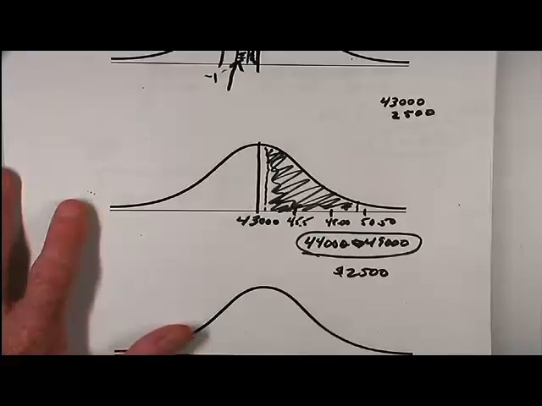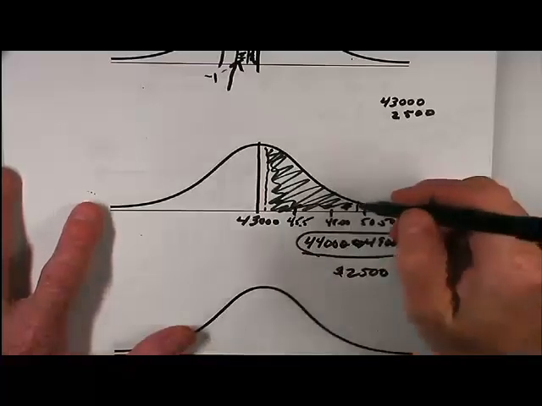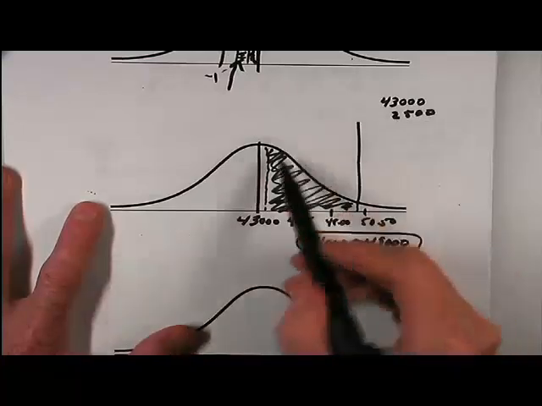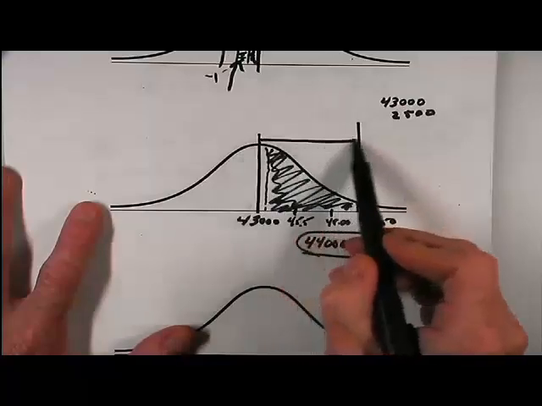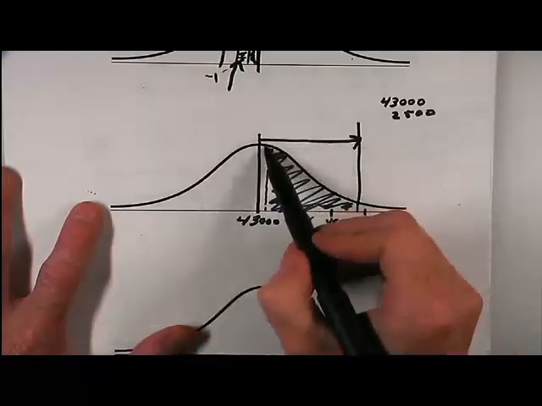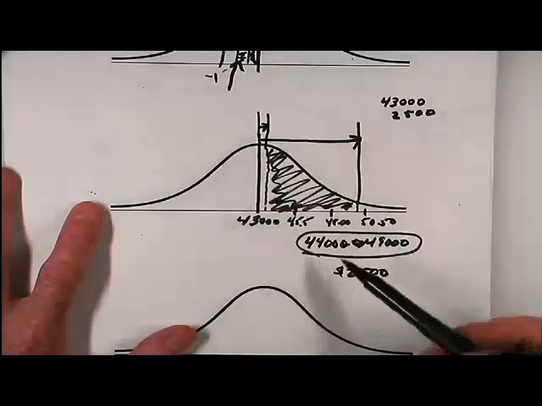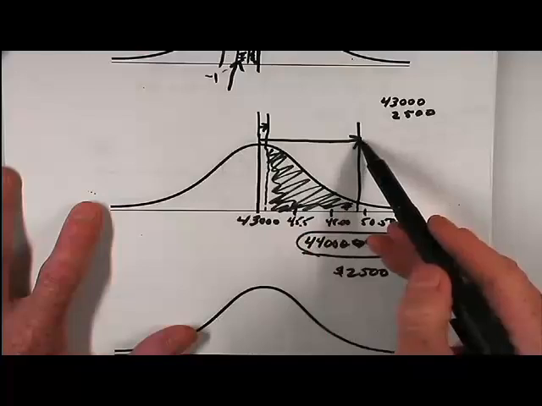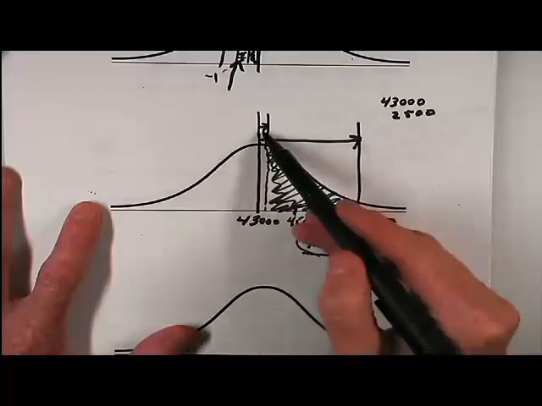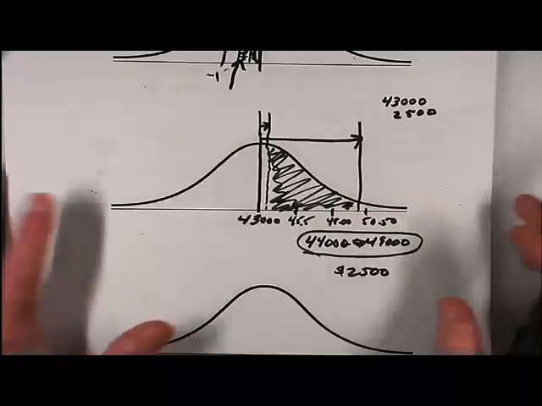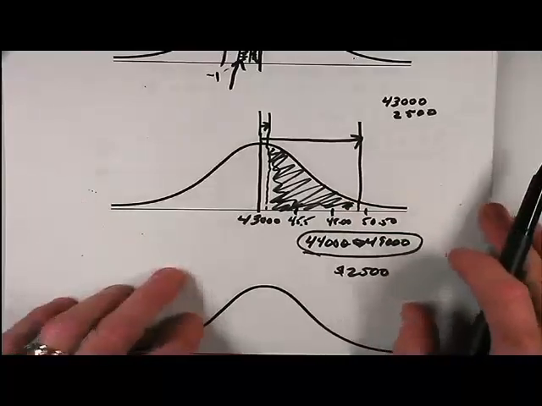So how do I figure out what to do? Would you do from the mean to the 49 and then from the mean to 44 and subtract them? Yes, that's exactly what you would do. So you're going to get this value, and then you're going to get this value, and this is all of it, but you don't want all of it, so you're going to subtract that piece, and that's going to give you the proportion or the percent of my company that qualifies for the raise.